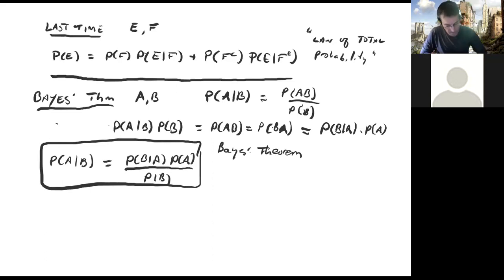What the book does is it takes the denominator and uses the law of total probability to rewrite it.